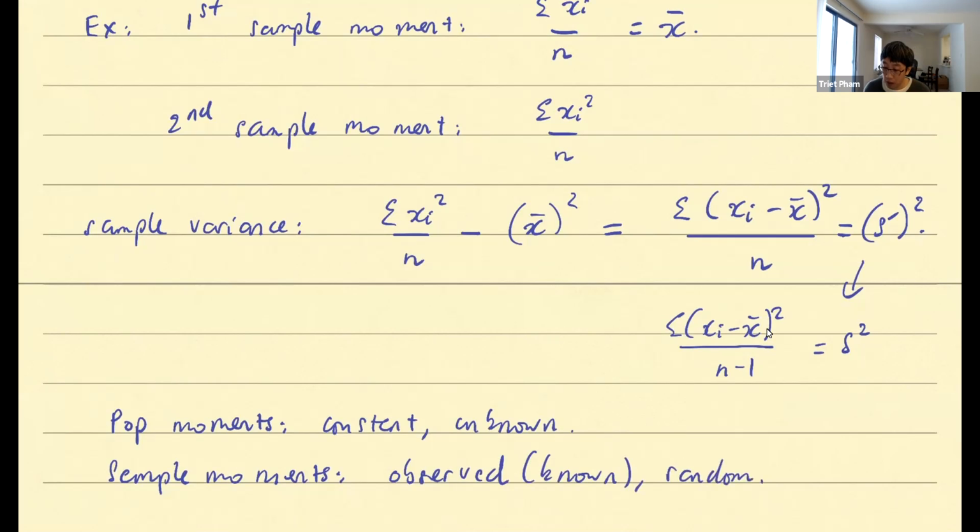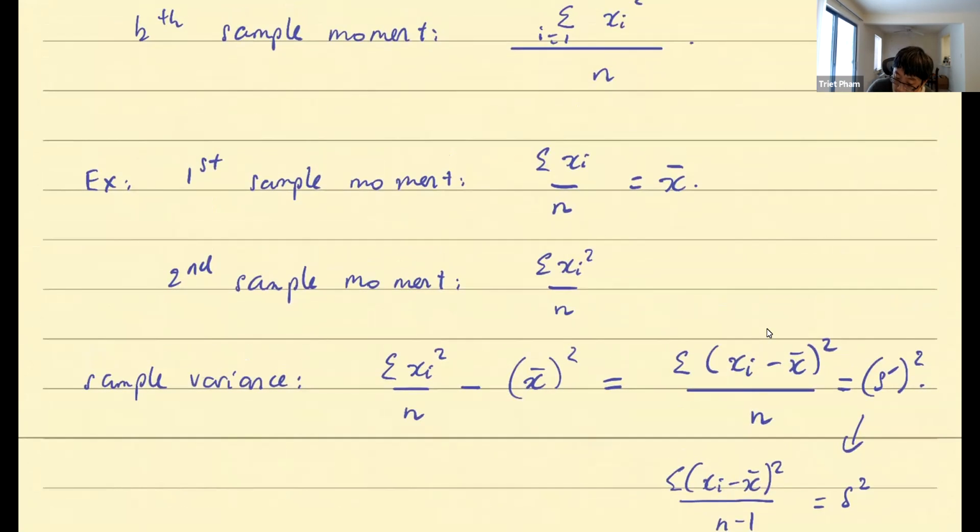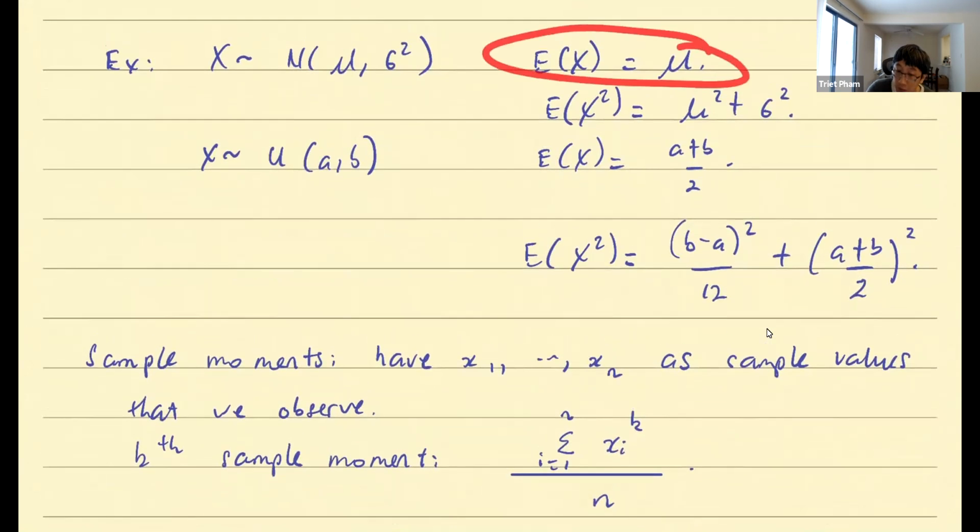Okay. So ignore this for now, we'll go back to this. The point is that you have something that you're interested in but unknown, and something that you can observe, and they kind of share the same idea. In other words, this is the first sample moment, and this is the first population moment.